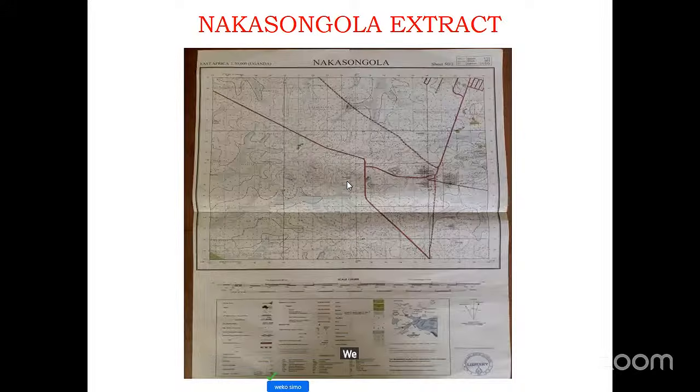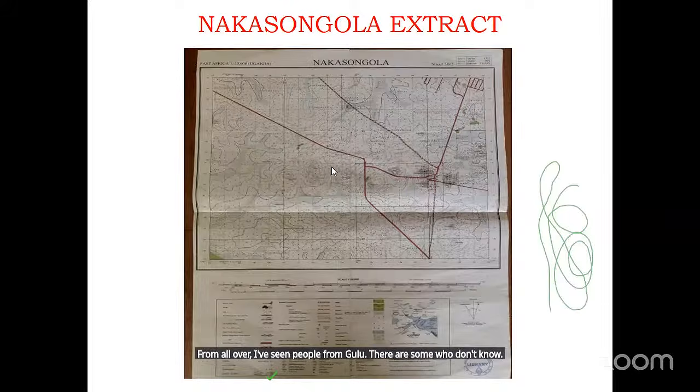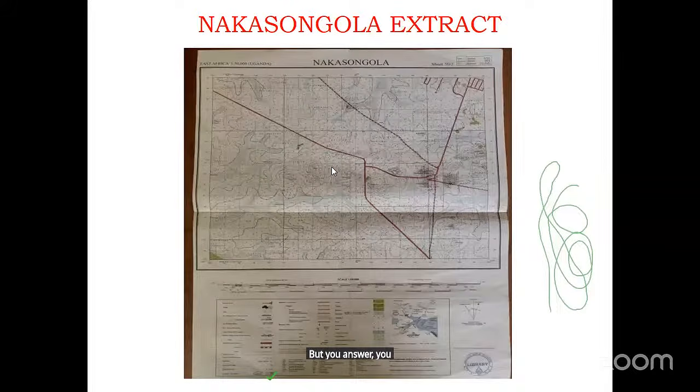We know our geography is dealing with East Africa, Africa, and China, and therefore any map can come. A map from Uganda, a map from Kenya, a map from Tanzania. But if you have the skill, regardless of where the map is coming from, once you have the idea, you can still answer.